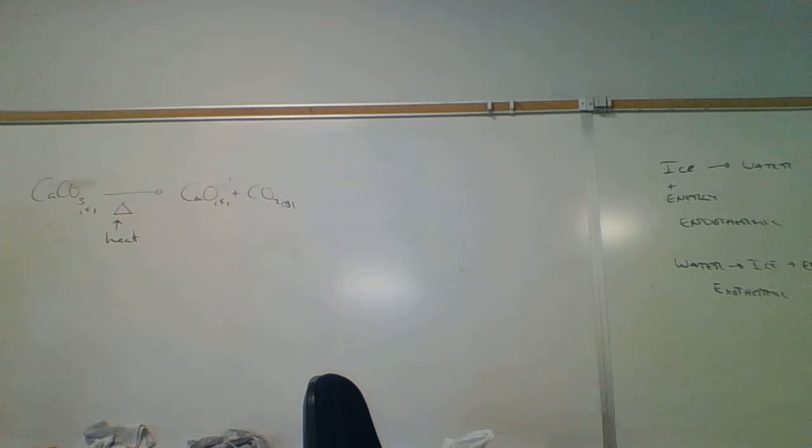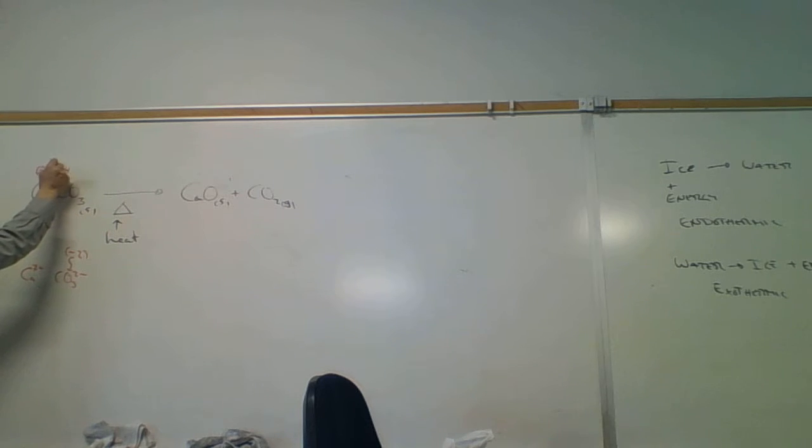In a redox reaction, the oxidation states change. If we look at the oxidation states here, calcium is going to be +2, which is the calcium ion. What's carbon and oxygen? Well, oxygen goes first at -2. That means carbon is +4.